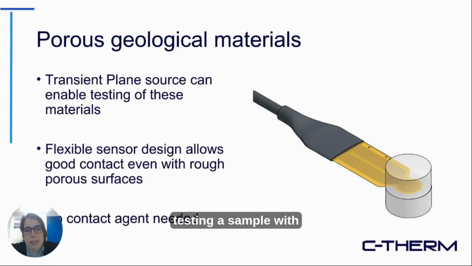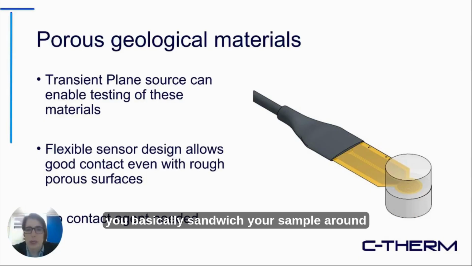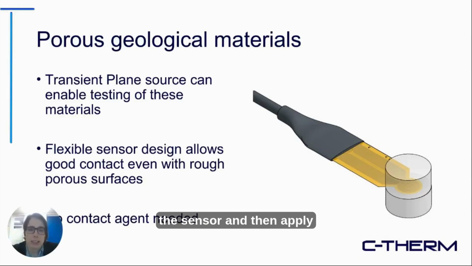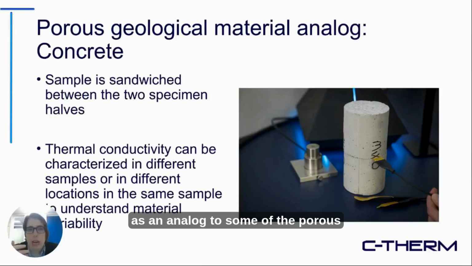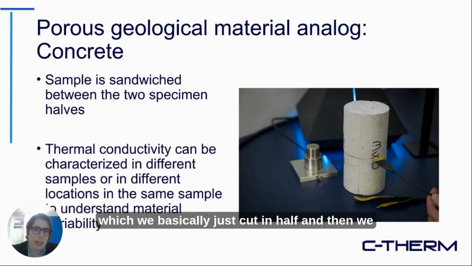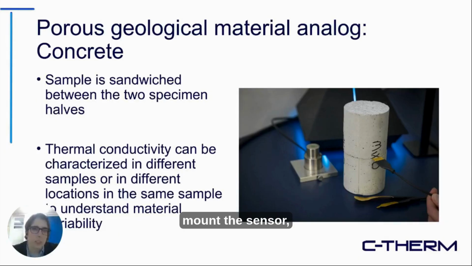So when you're testing a sample with these kinds of materials, you basically sandwich your sample around the sensor and then apply clamping force or contact force to control for the contact resistance. But you don't need any contact agent. As an analog to some of the porous geological materials, we'll look at a slab of concrete, which we just cut in half, and then we mount the sensor, as you can see in the image here.